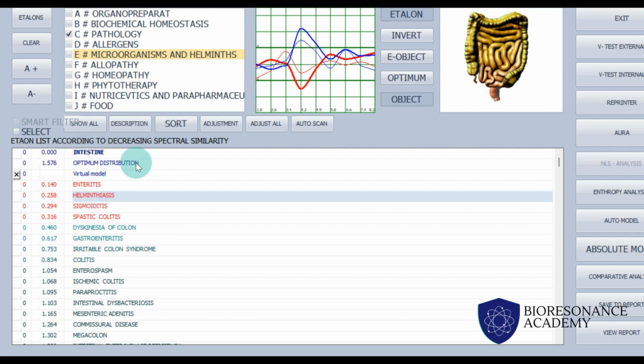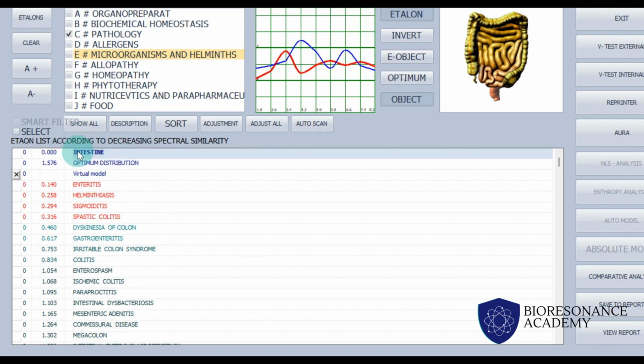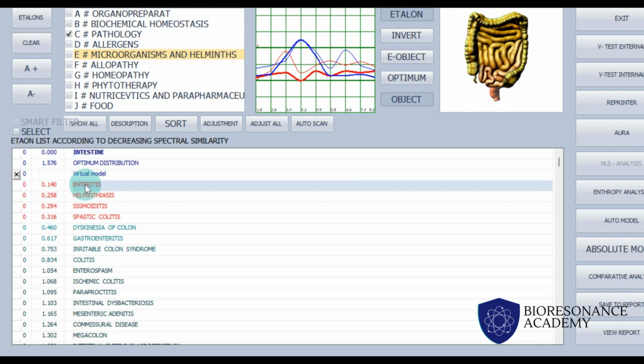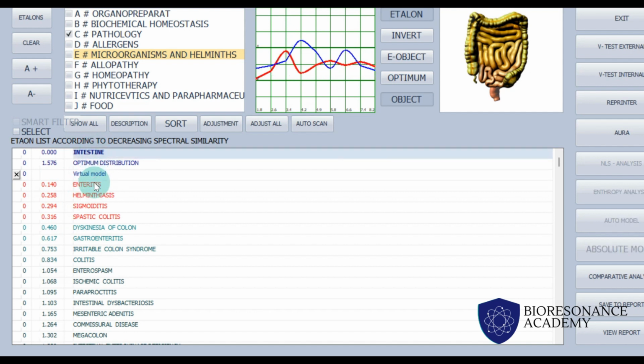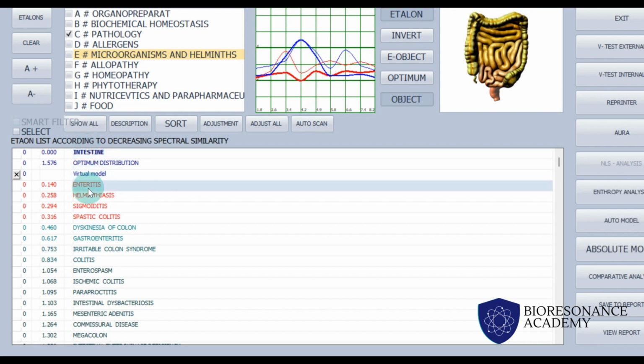So for example, let's take what we're seeing here in the intestines, right? So this value here would be the difference between the unique enteritis value and the intestine frequency. So the more different they are, the more confident we can be that this is not what's going on or not what's going to be attracted.